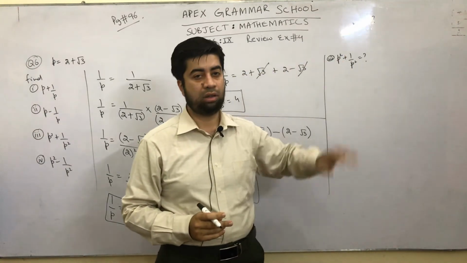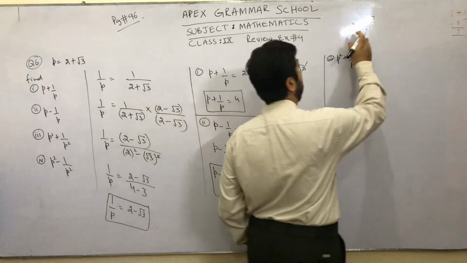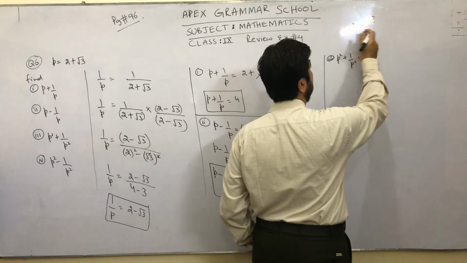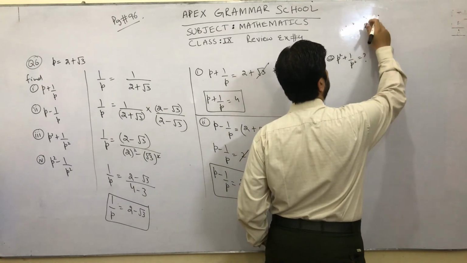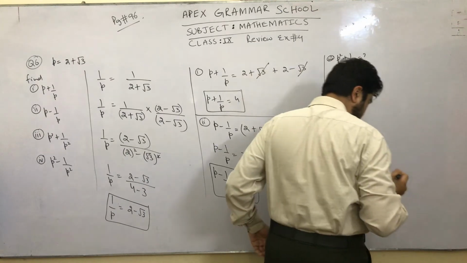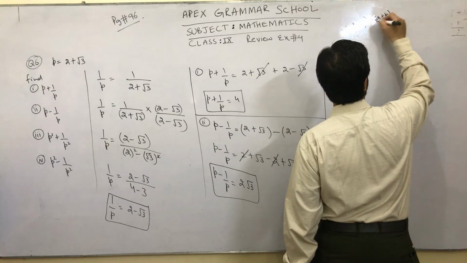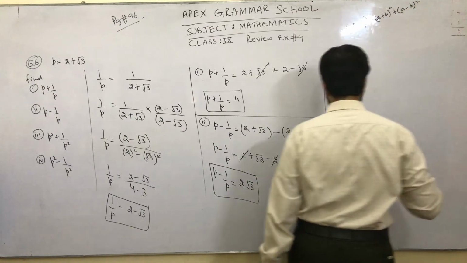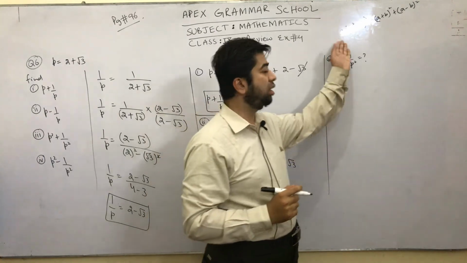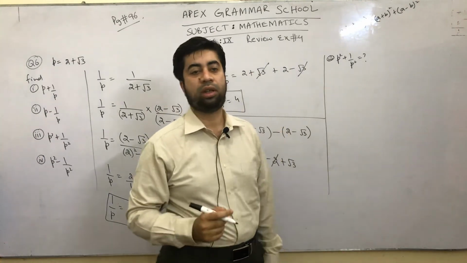So you can solve it by a formula very relevant to this one. What is that? That is 2 into a square plus b square, which is equal to a plus b whole square plus a minus b whole square. From this formula you can get p square plus 1 over p square.